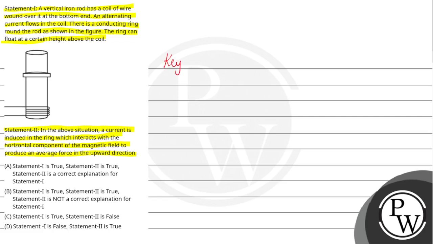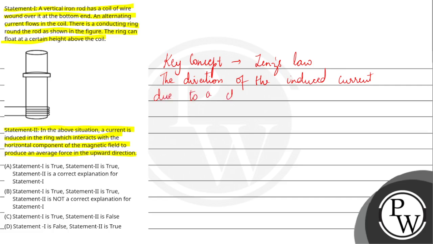तो इस क्वेश्चन का की कॉन्सेप्ट है लेंजेस लॉ. तो लेंजेस लॉ ये कहता है कि the direction of the induced current due to a changing magnetic field opposes the direction of the current which induces it. तो changing magnetic field एक current induce करता है. तो the magnetic field is changing because of a changing current. तो ये magnetic field आगे जाके एक induced current produce करता है.